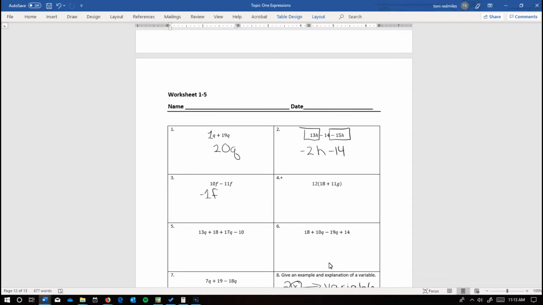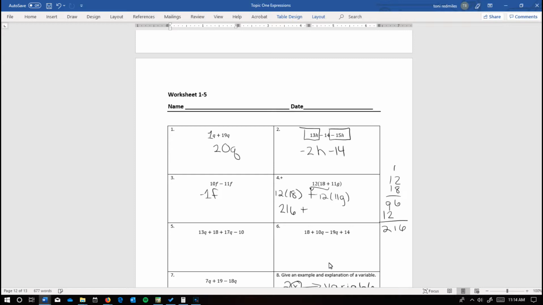All right, so now I got to do a little bit of multiplication. Okay, so this 12 is going to be multiplied by the 18. Bring down my addition. 12 will be multiplied by the 11g. So let's go ahead and multiply these two. And you should have gotten 216.